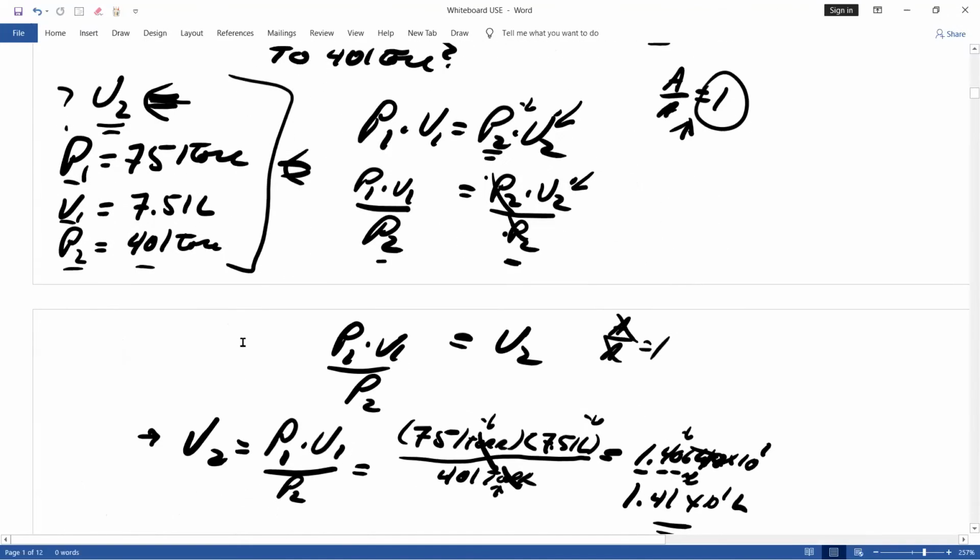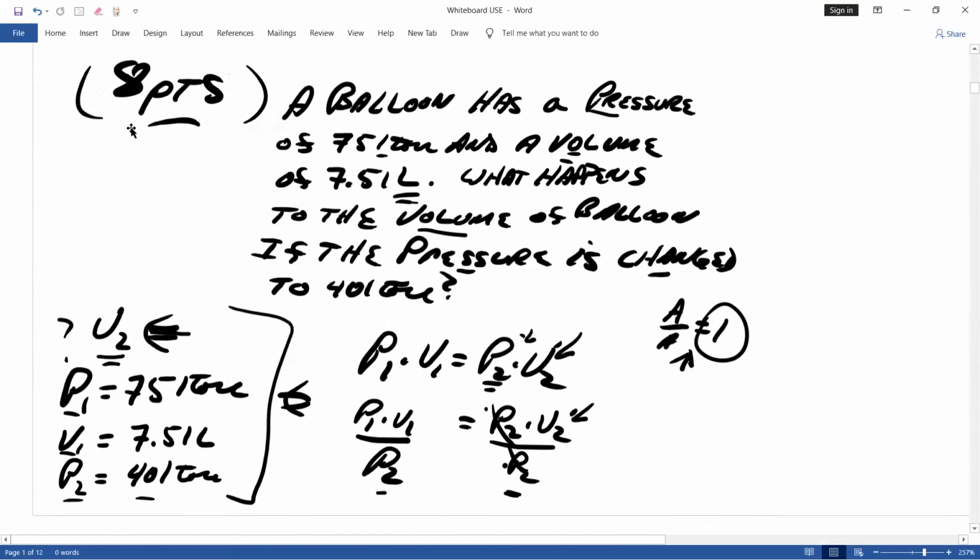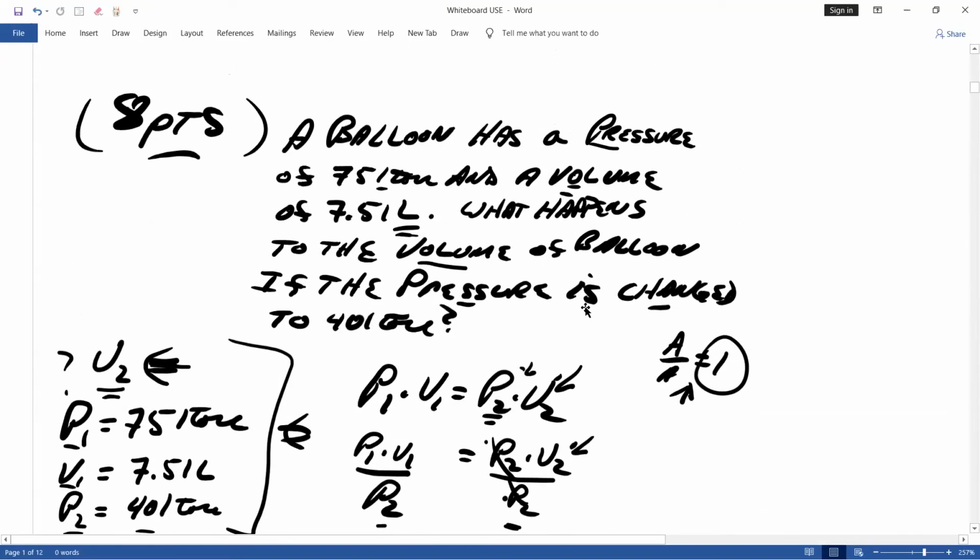We have figured out what we are trying to find. If the pressure is changed, what is the volume? What happens to the volume? That's the final volume, V2. We're given initial pressure, initial volume.